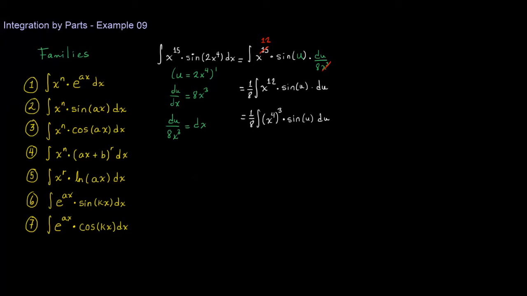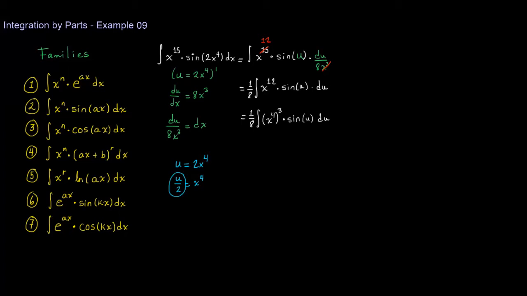So I'm going to use a different color, blue. It's going to be u equal to 2 times x to the 4th. So I'm going to solve this out. It's going to be u over 2 equal to x to the 4th.